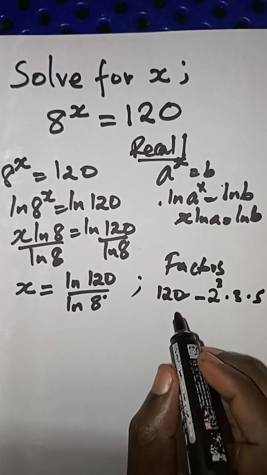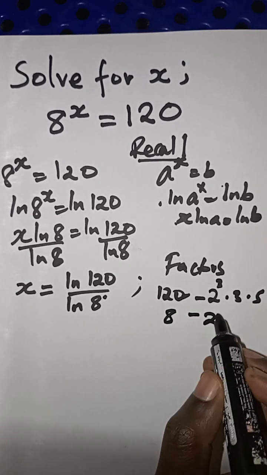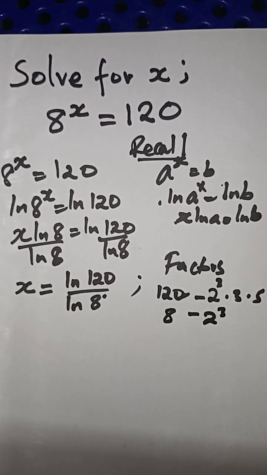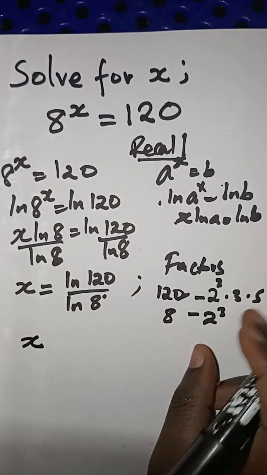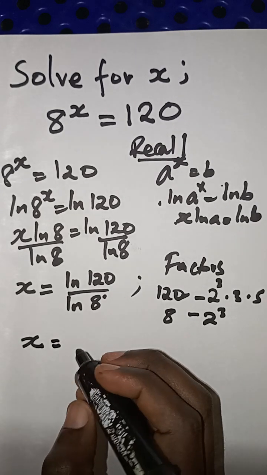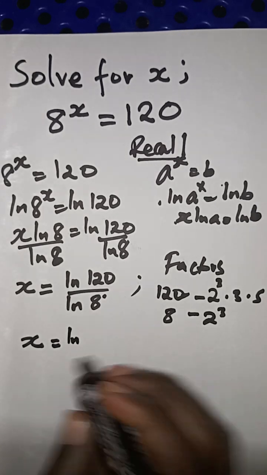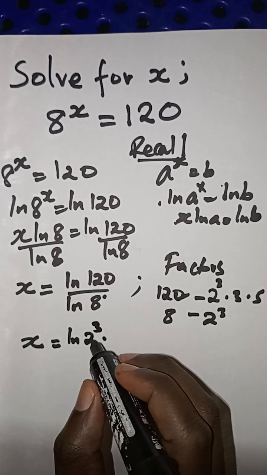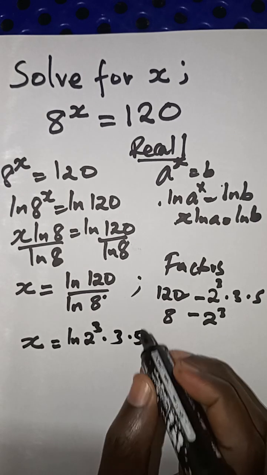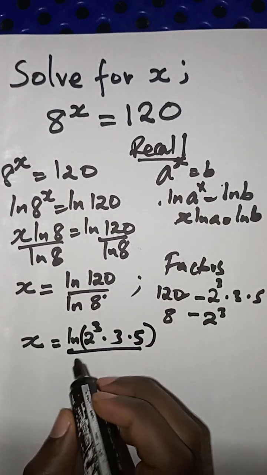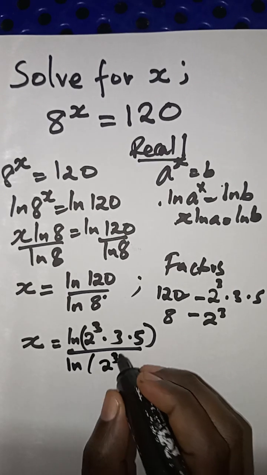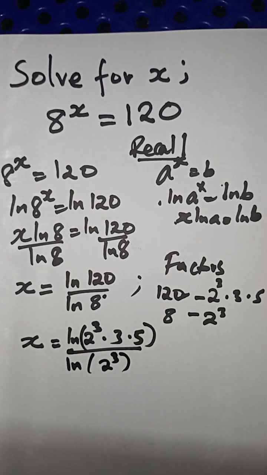And then I know that 8 can also be expressed in terms of its factors as 2 raised to power 3. So here I will write the value of x using these factors. It's going to be equal to the ln of 2 power 3 multiplied by 3 multiplied by 5, divided by ln of 2 power 3.